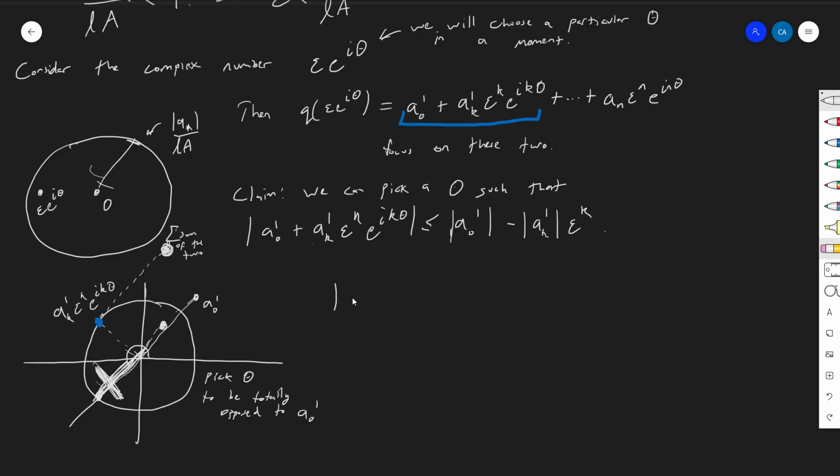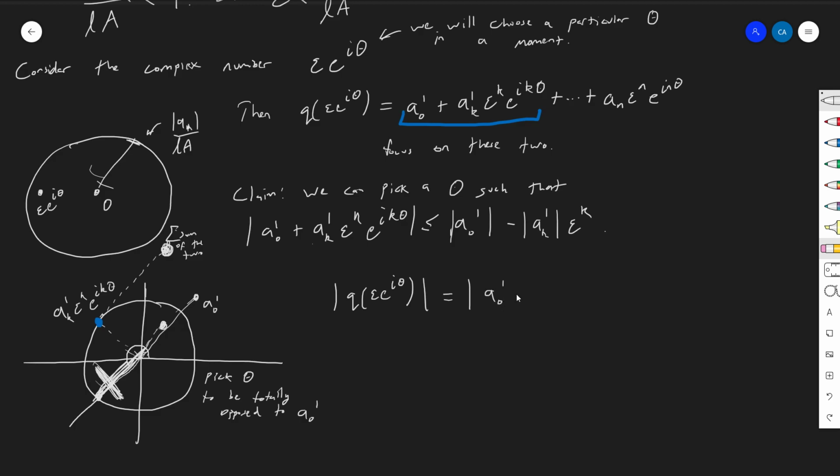We've got that Q evaluated at epsilon e to the I theta. This is less than or equal to the magnitude of, wait, why am I saying that? Yeah, I'm dumb. It's just equals. Getting too reliant on my notes here. I'm getting tired.